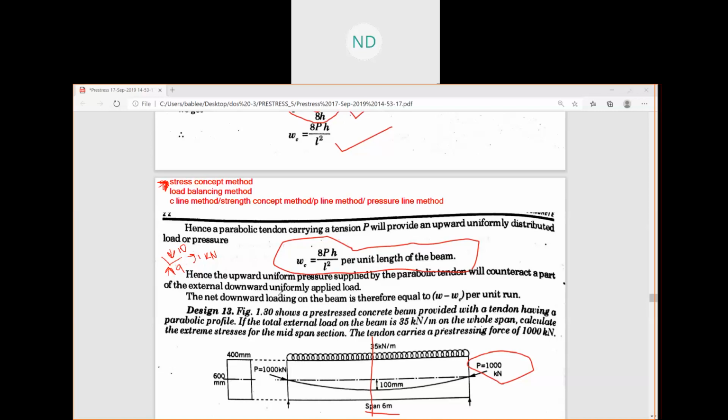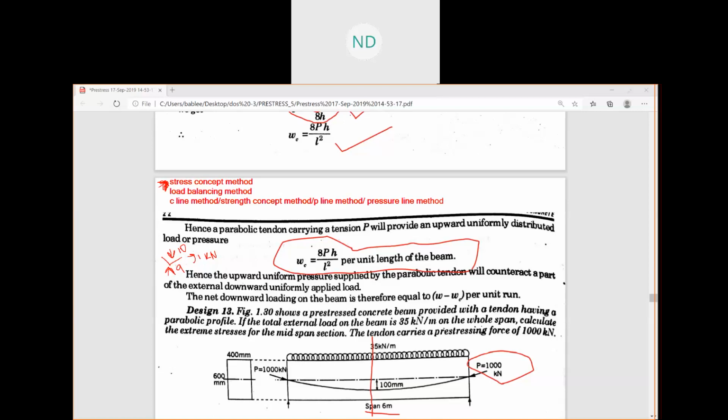Did anyone get the answer? Did you get the top stress fiber and the bottom stress fiber? Did you try?